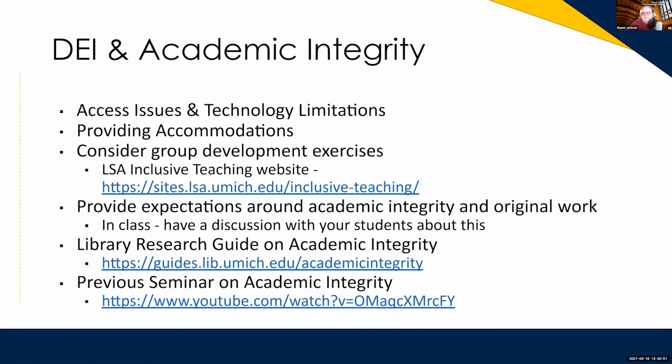Okay, so last we're going to talk a little bit about how these assessments relate to DEI and to academic integrity. So as I mentioned in the last one, offering different assessment choices can help eliminate access issues.